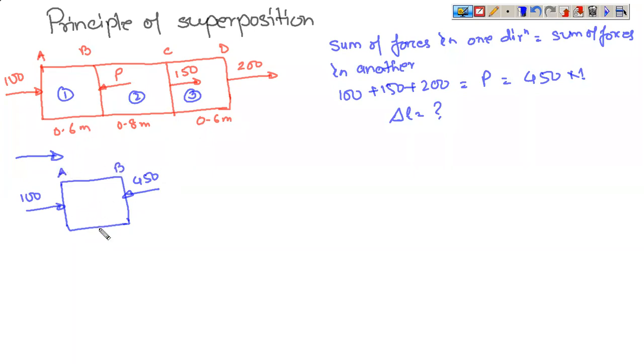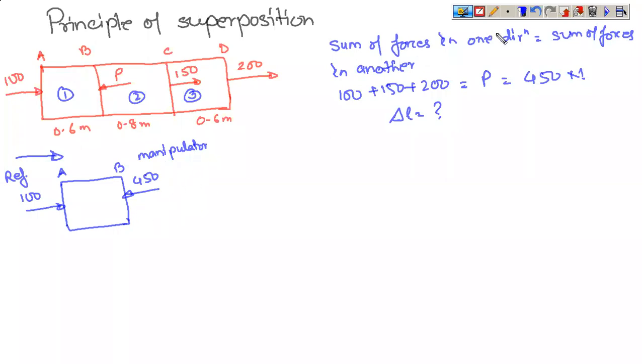So once you have isolated AB, what do you get? This is 100, this is 450. You are moving from left to right, so the left value of force is called your reference and the right value is called your manipulator. The right one is called your manipulator.